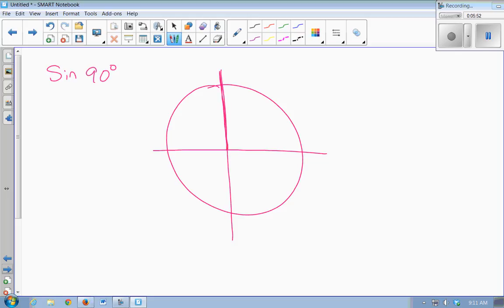I figure out what the coordinates of that point are: 0, 1. So the sine of 90, sine is always the y coordinate where it hits the unit circle, so the y coordinate in this case is 1.